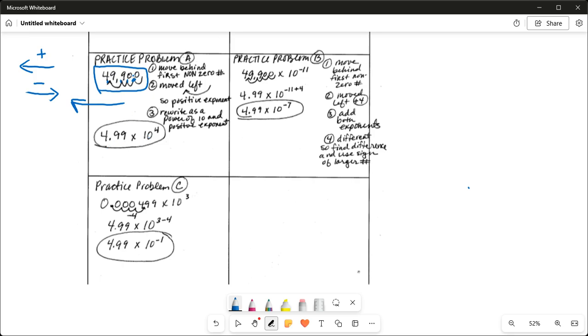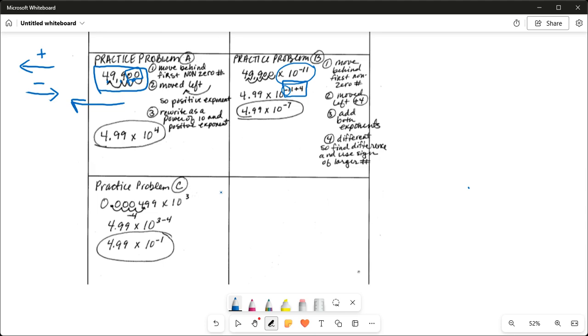And we drop those non-significant zeros. So it's 4.99 times 10 to the 4th. For practice problem B, same numbers, except it's already written in scientific notation with a negative 11 as the exponent. So we're going to add 4 to that negative 11. We're going to find the difference between 11 and 4, which is 7, and keep the sign of the larger absolute value. So it's going to be a negative 7.